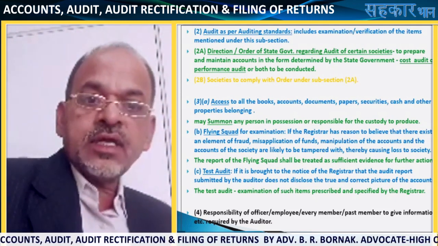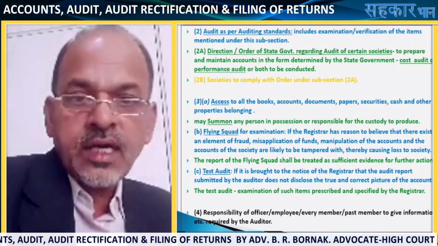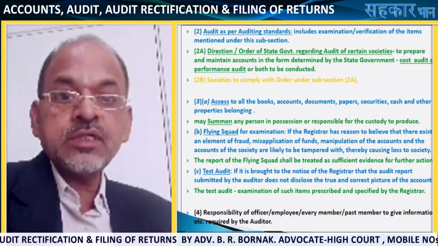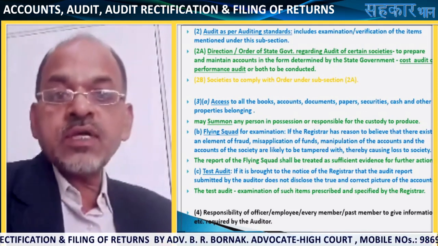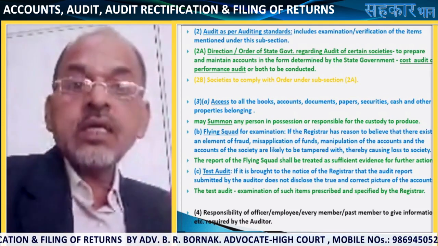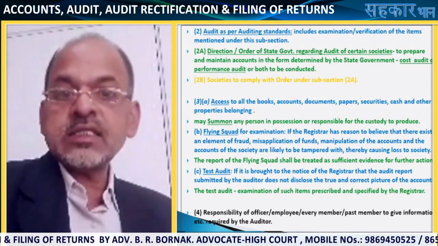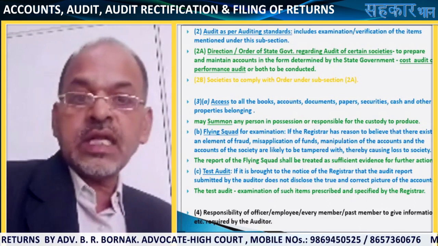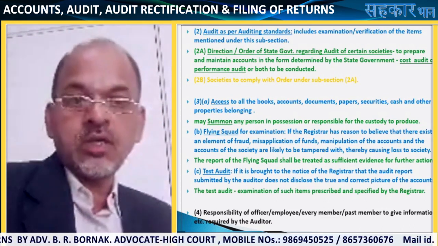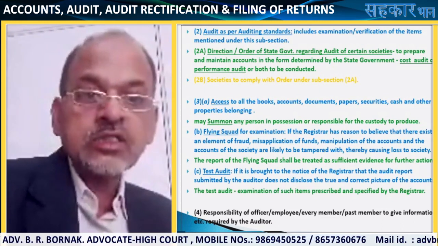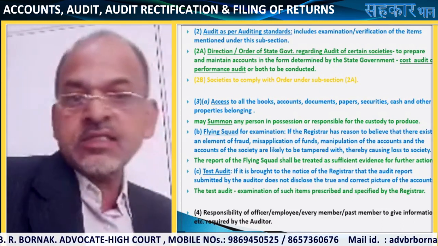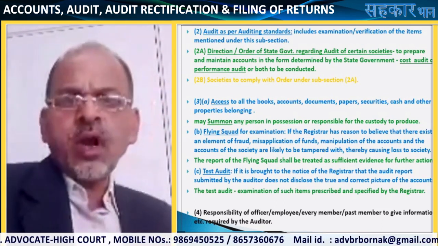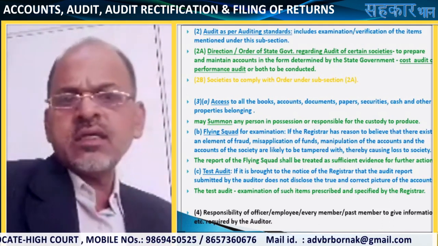When the flying squad undertakes the examination, it submits its report to the registrar, and if serious things have been observed and reported, then that can be sufficient evidence to take further action. Criminal action can be initiated against the office bearers or managing committee of the society, even an FIR, a first information report, with the police authority on the basis of the report of the flying squad.